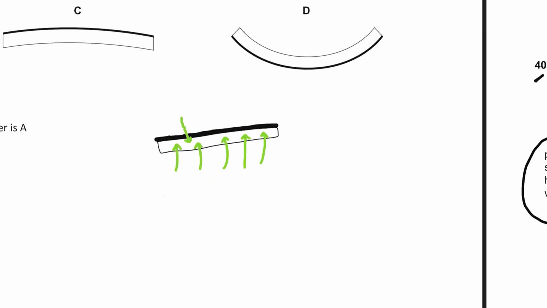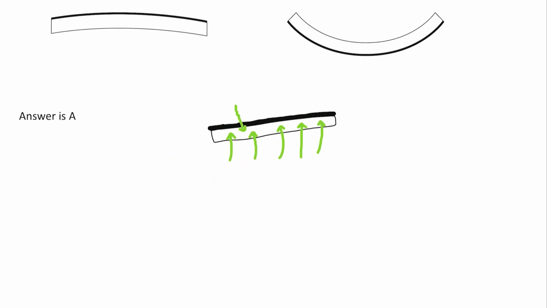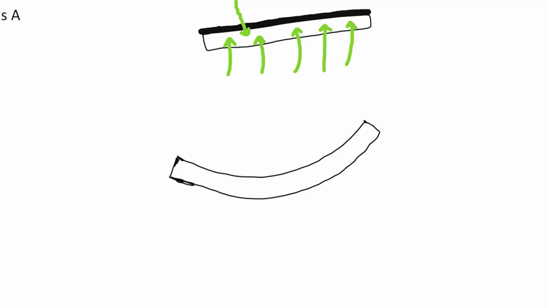So what will happen is that the strip will be curved like this, because the end with cells with thin cell walls will expand more than the end with cells that have thick cell walls. So the strip will curve like this.